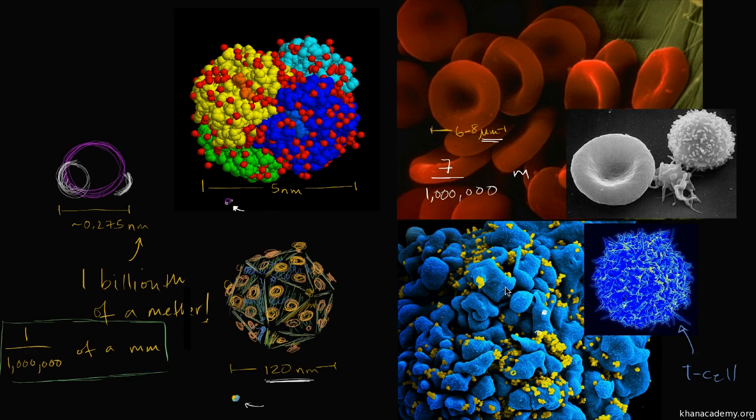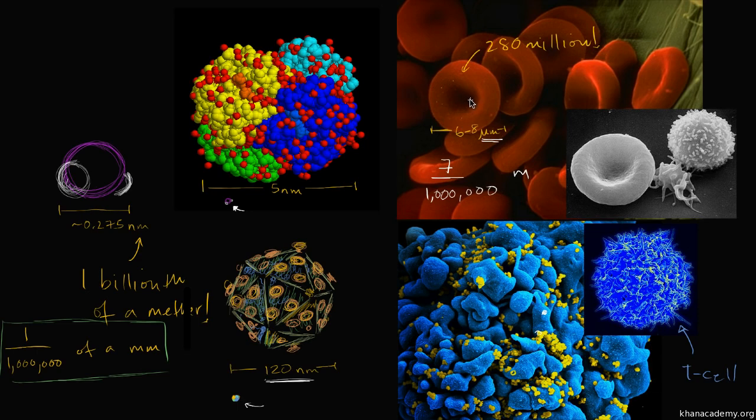We're seeing it directly as they emerge from this cell. But each of these red blood cells is going to contain roughly 280 million hemoglobin molecules. So there's going to be 280 million hemoglobins in each one of these.